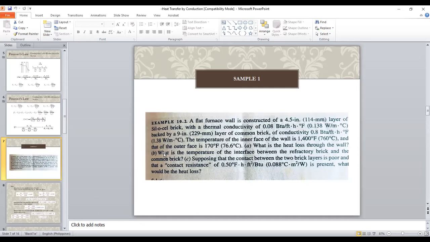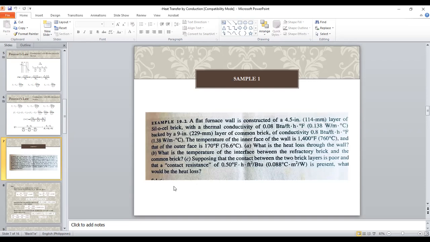Okay, so in here you're given a flat furnace wall, which is constructed of a 4.5-inch layer of a silocell brick with a thermal conductivity of 0.08. I will not read the set units anymore. This particular brick is backed by a 9-inch layer of common brick, the conductivity of which is 0.8.